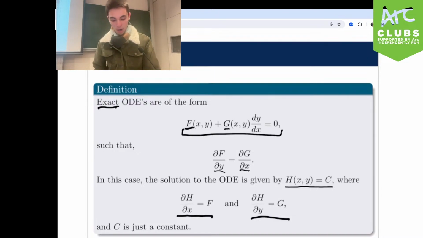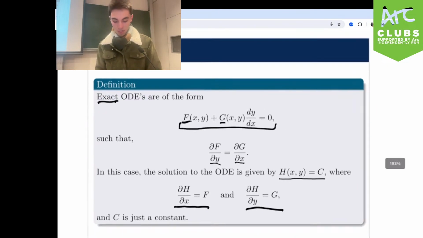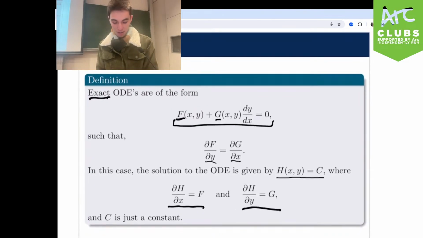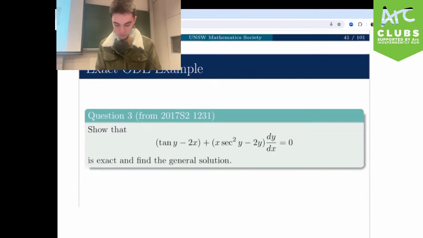So, in short, if you see an ordinary differential equation that looks like this, then you need to check whether it's exact. And if it is, then you can implicitly define the function that will be your solution and then solve for it from there. So let's try to apply this, okay?